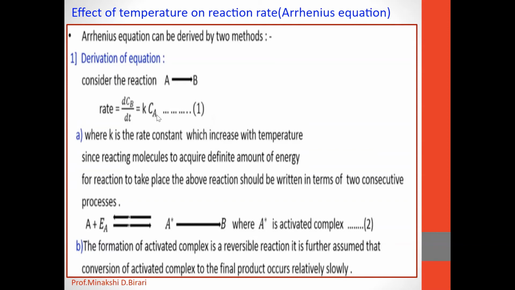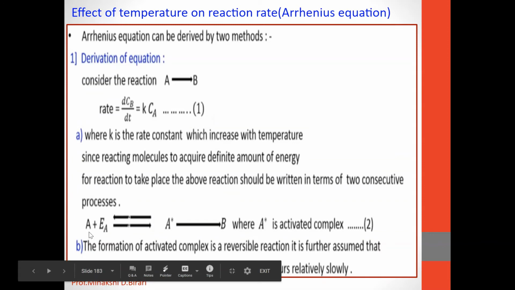Since the reacting molecules have to acquire a definite amount of energy for the reaction to take place, that is called the activation energy, the above reaction should be written as two consecutive processes. The reactant A is converted to product B. So the consecutive processes can be written as A plus Ea, that is energy of activation, in equilibrium with A star, which gives the formation of product B, where A star is the activated complex.